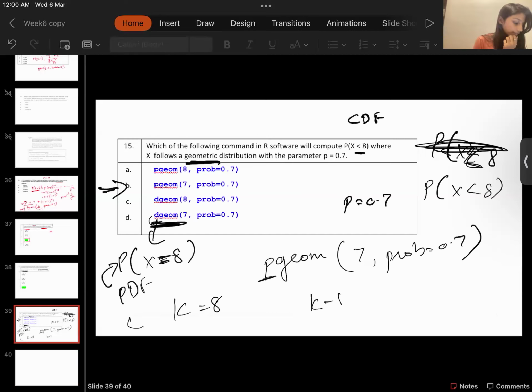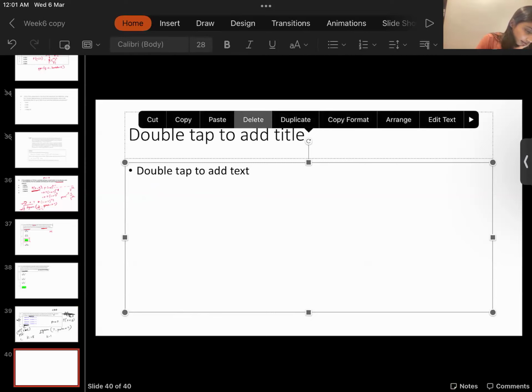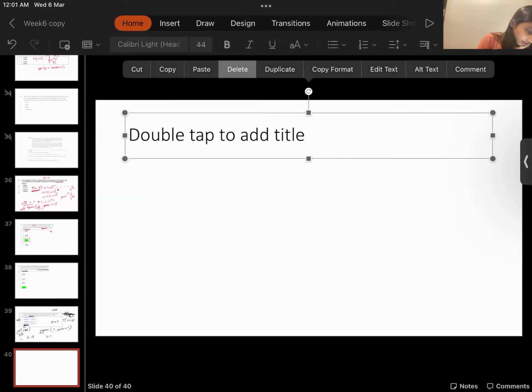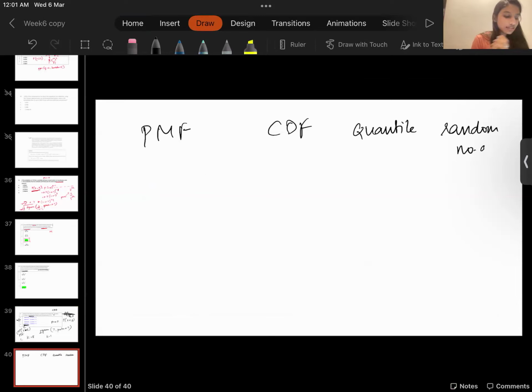Sorry, it's not a PDF, it's PMF, probability mass function. So you have the probability mass function, the CDF, the quantile, and random number generation.